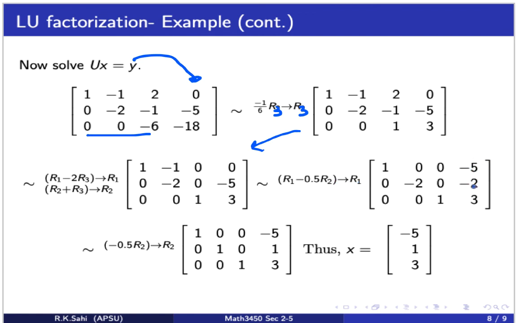Remember, we're looking for a solution. Now we just have to make this a 1. We multiply the second row by -0.5, and we get the identity matrix and the values for x, which are -5, 1, and 3. And hence we have got the solution for our matrix.